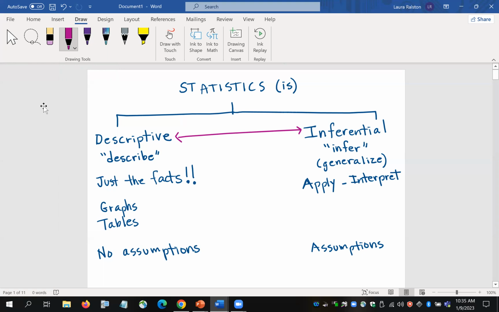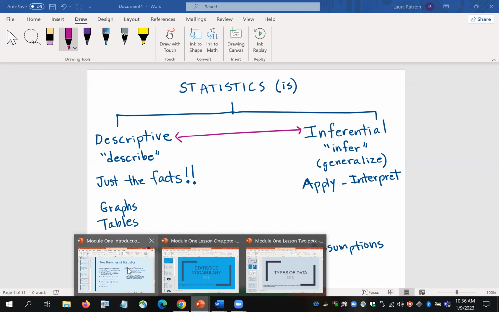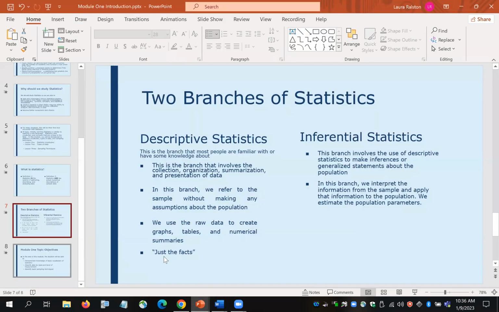I need the basic information about the data, but then I take that information and I want to begin to interpret it and apply it. And that interpretation can be different from researcher to researcher. And so you need one to do the other. So although it is considered two different branches of statistics, we need both.